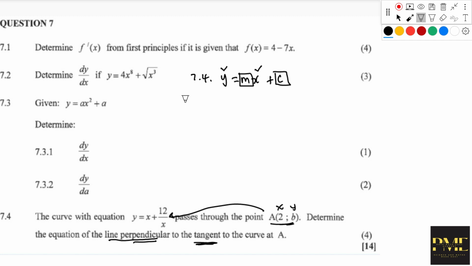So therefore we'll have to do dy over dx of that particular equation. All right, but siyanotisa ke la ukuthi equation yethu sinikezwe in the form of y is equals to x plus 12 over x. But then siyabona ukuthi equation yethu asinayo in such a way that i-representation yakhona ithi ax^n, ax to the power of n.